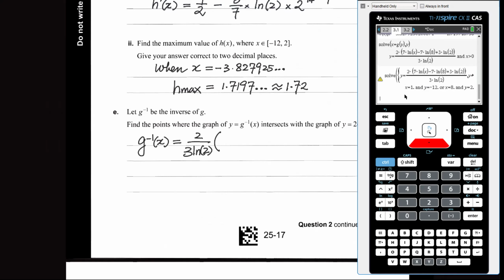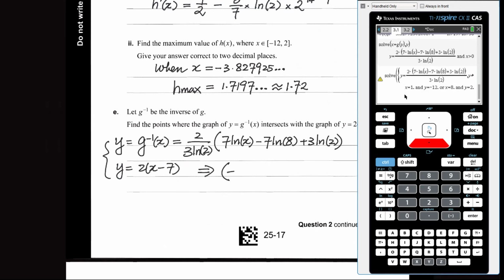We can write, let's say, 7 natural log of x minus 7 natural log of 8 plus 3 natural log of 2. And y equals 2x minus 7. You actually find these 2 points. 1 minus 12 and 8 comma 2.